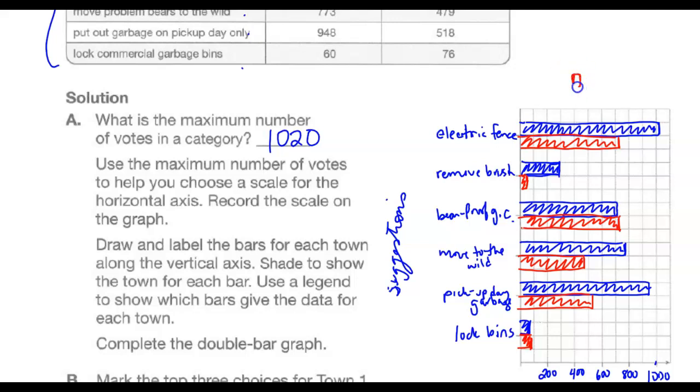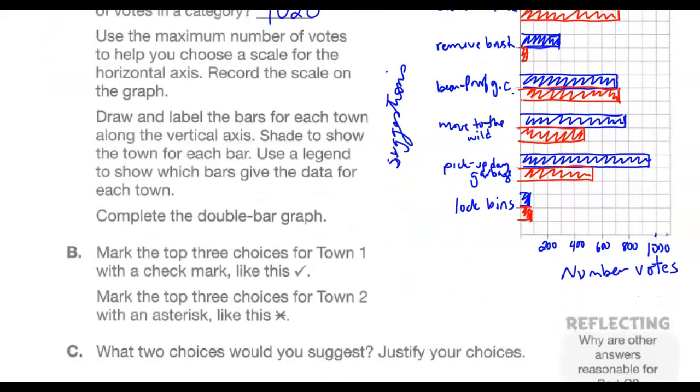So the red was town 2, and the blue was town 1.